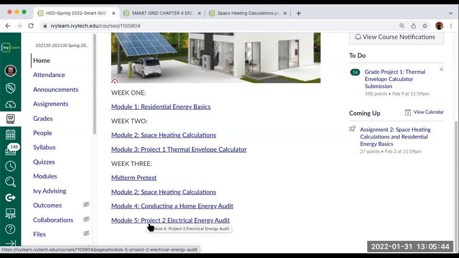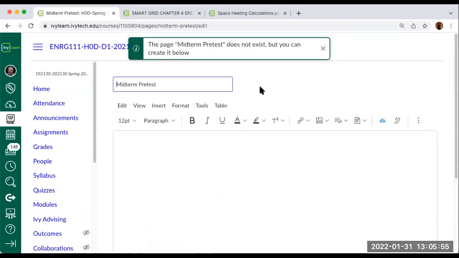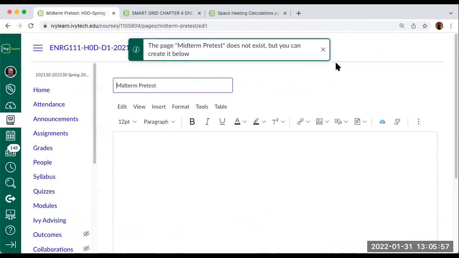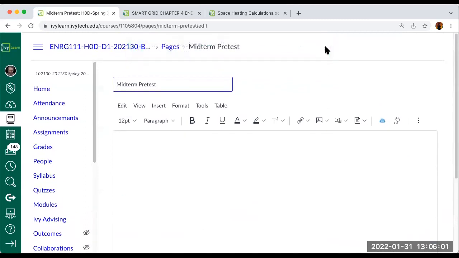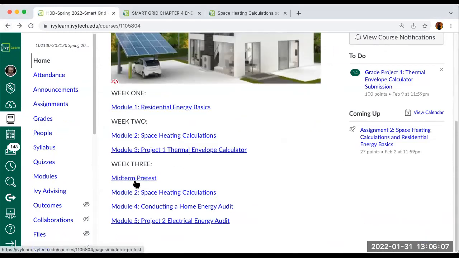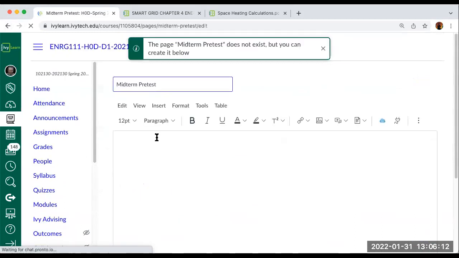You'll also see that your project 2 is available, and you'll see this midterm pretest. So the midterm pretest isn't due for a while. Let's click on that. For some reason, that's not taking me to the link that I thought it would.